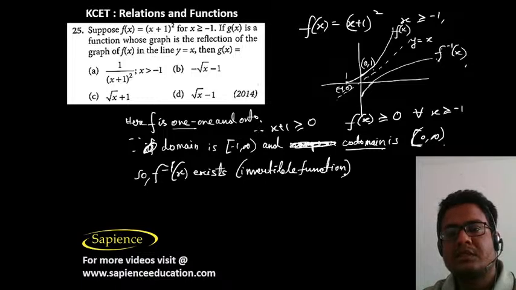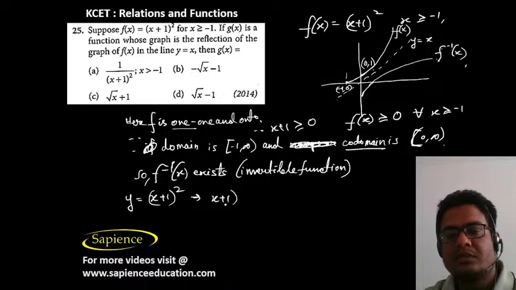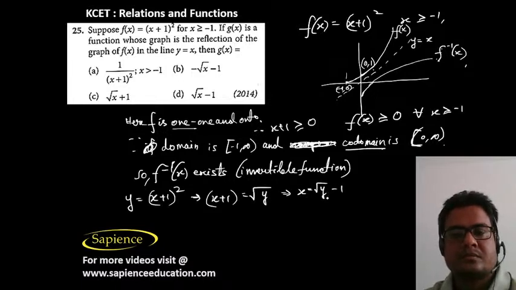Now we can call this f of x as y. y will be equal to (x plus 1) square. Therefore x plus 1 is equal to root y, so x will be equal to root y minus 1. Here y is greater than or equal to 0.